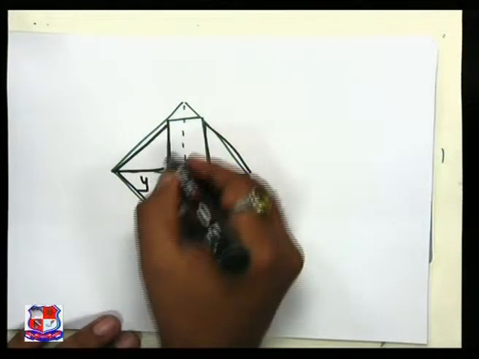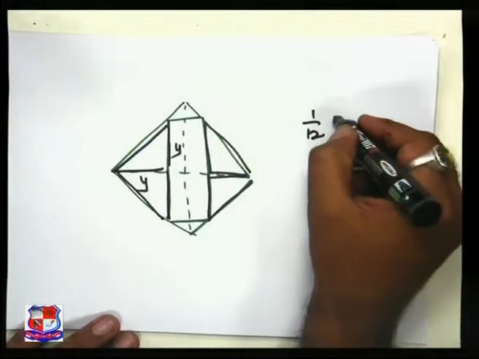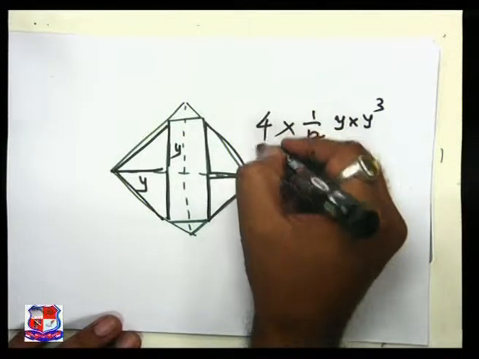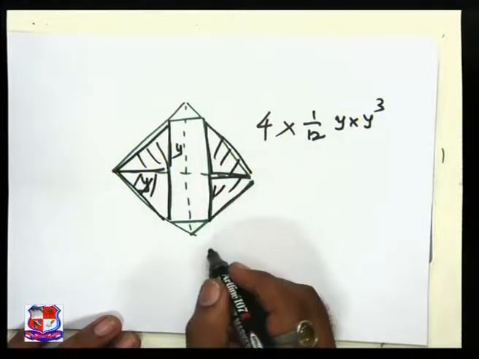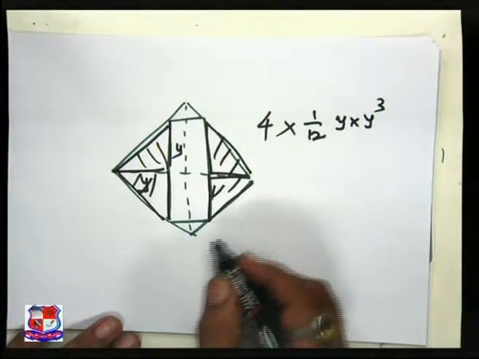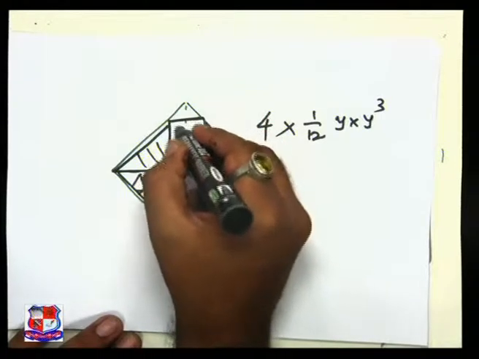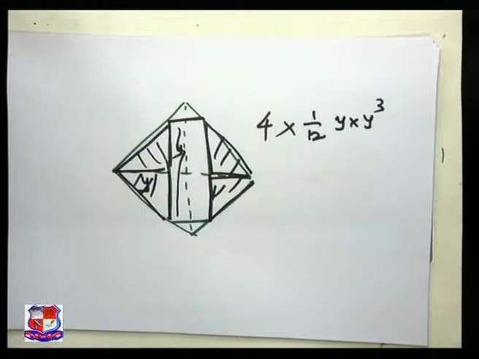This is Y, this is Y. So we write 1 by 12 Y into Y cube multiplied by 4. So we came across this one. Now our intention is to find out this one, because this is my b and this is my h. See over here.